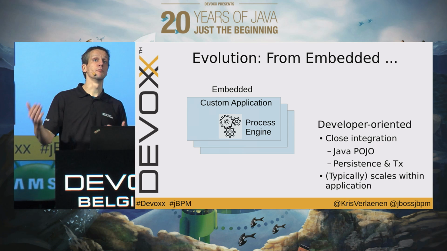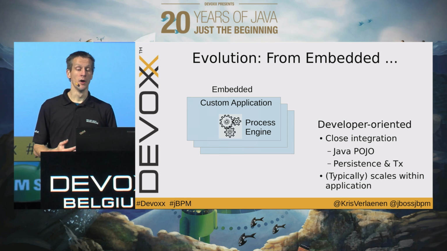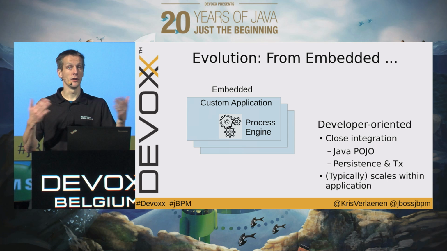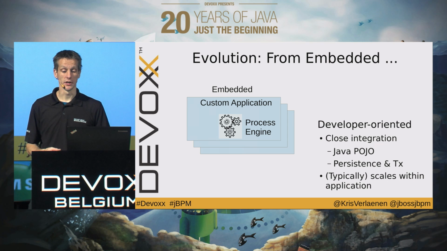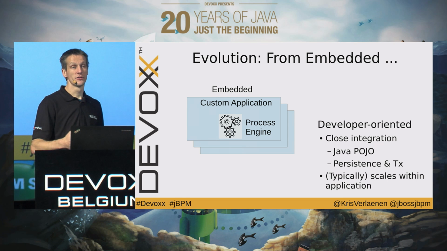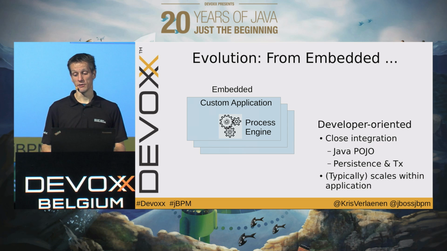It's a very developer-oriented way of interacting with the engine. It's got an API. You've got a ton of operations you can call, and you can integrate at that level. There's persistence. You can integrate at the transaction level, etc.